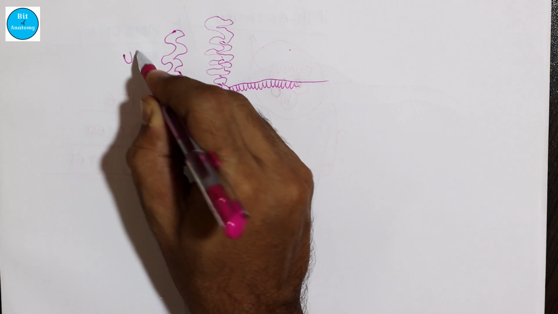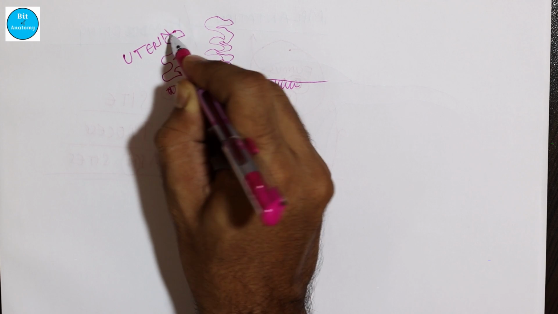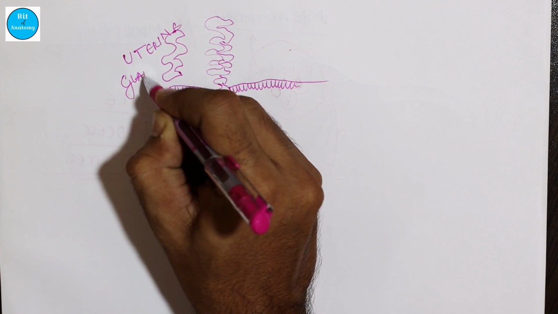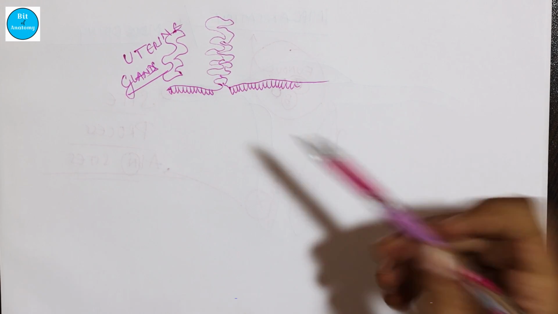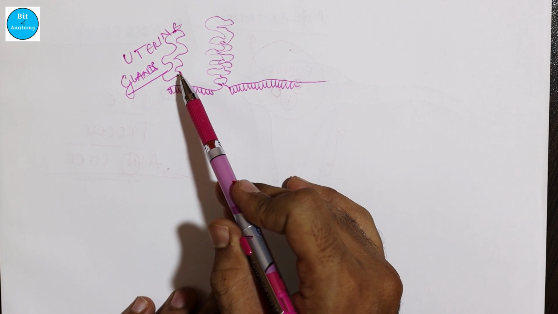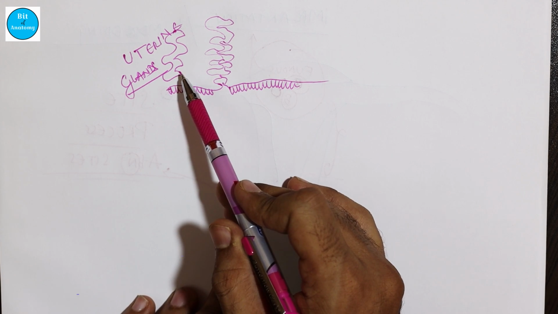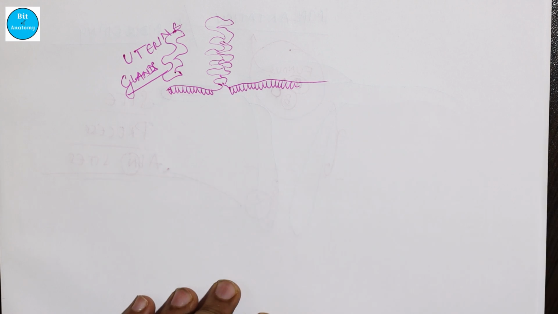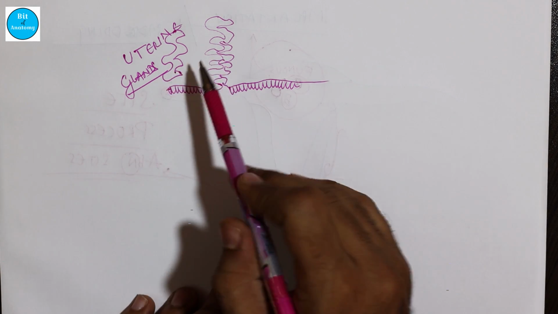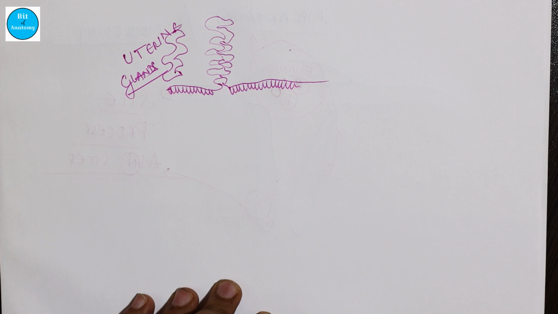There will be numerous uterine glands, which are sawtooth or corkscrew in appearance because of the proliferation of the uterine glands. These changes occur during the secretory phase of the menstrual cycle.